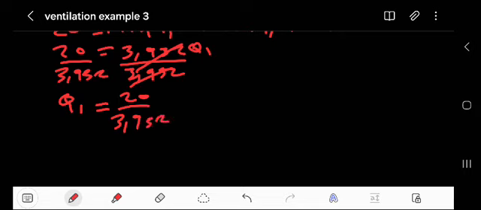When you punch this, what is the value there? Q1 will simply equal 5.086.